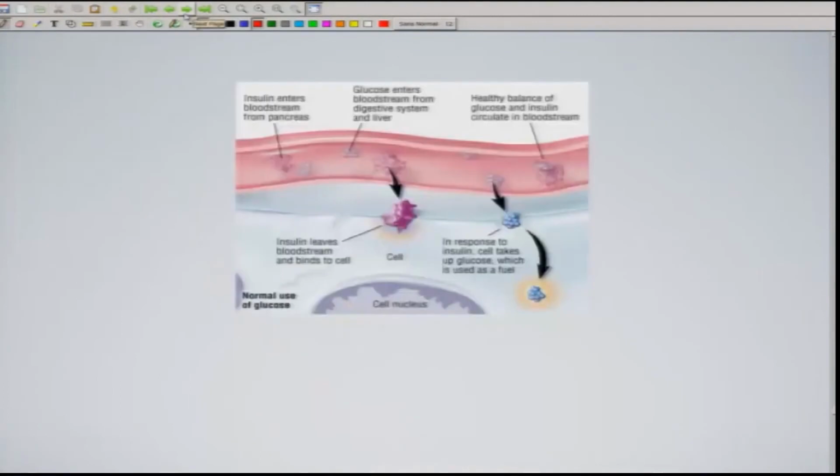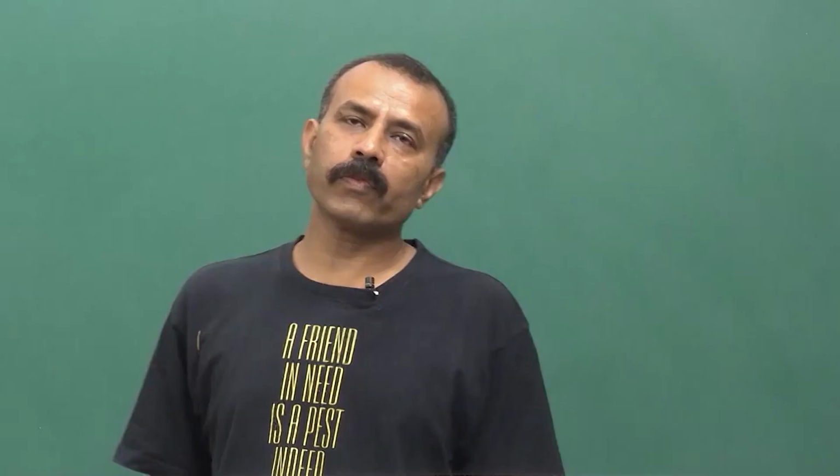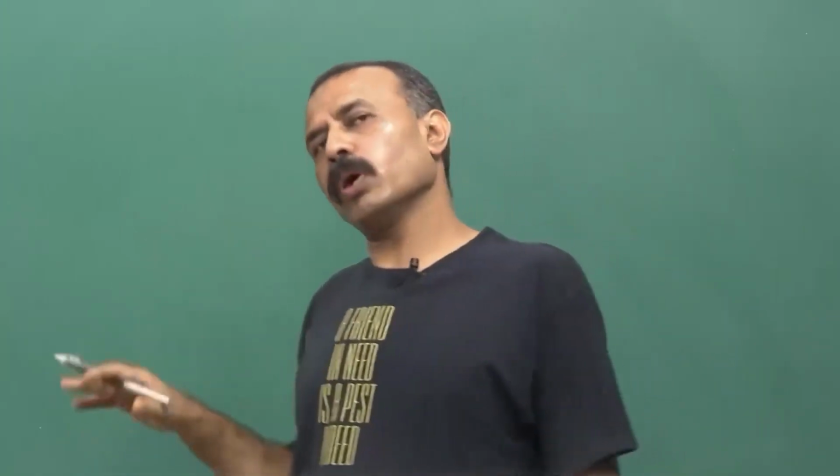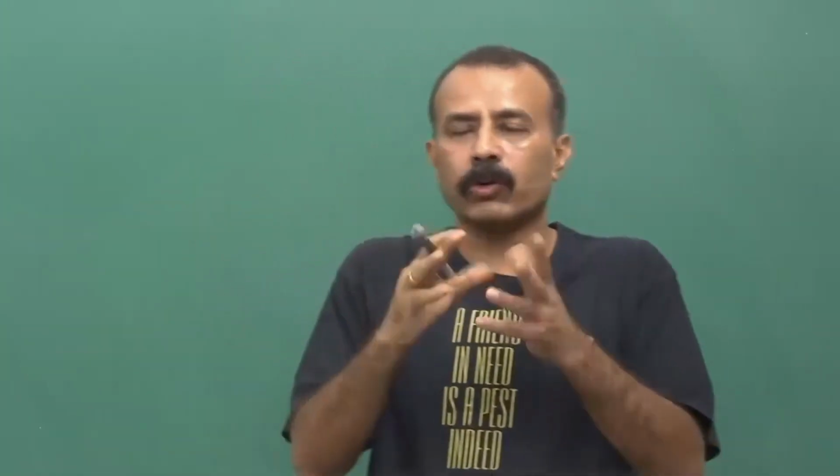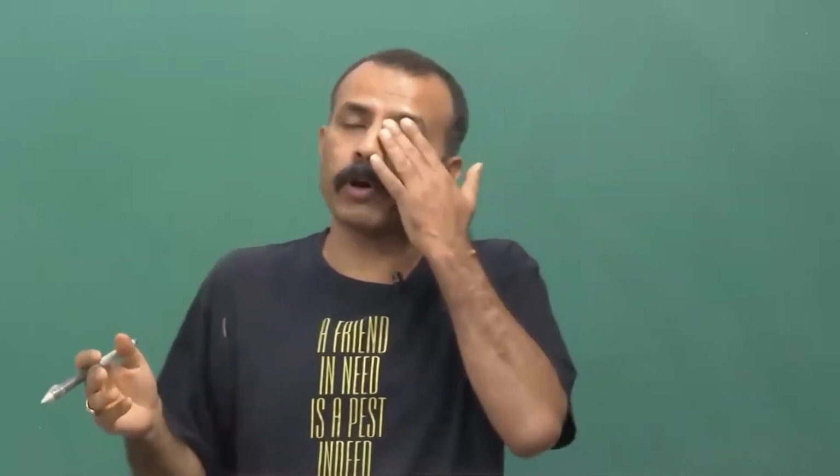Okay. Now insulin enters into the bloodstream from pancreas, glucose enters into the bloodstream from the digestive system and liver. So what happens is the healthy balance of glucose and insulin circulate in the bloodstream, because the insulin helps the glucose to be absorbed. So in other words, the role of insulin is guiding the glucose molecule to a spot where it could be converted into glycogen and all other molecules.